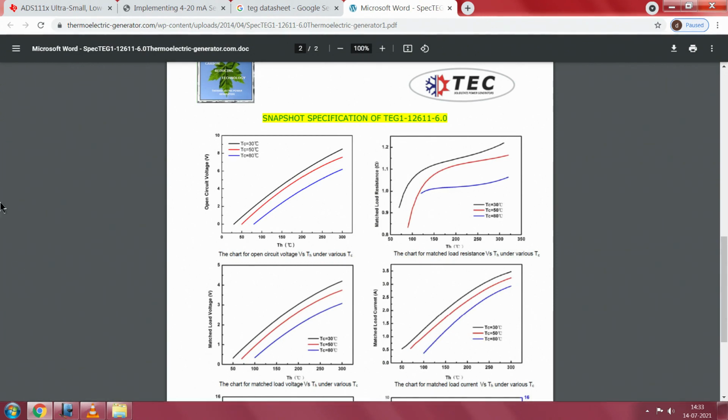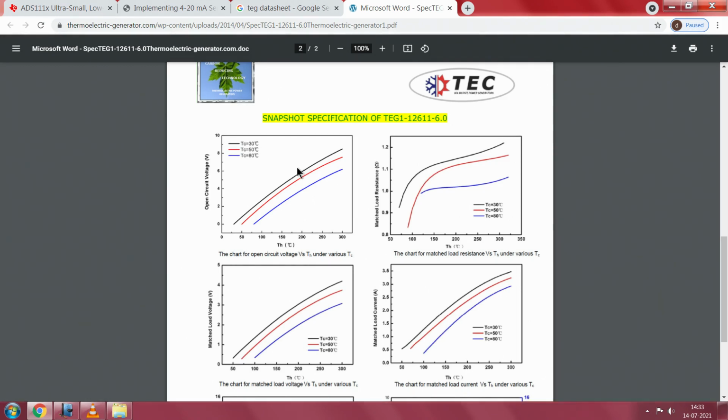Let us look at this picture. You can see that we measured a cold side of around 33 degrees or so. I will take this as a temperature of 30 degrees, that is this black line. And now the hot side we got around 49 or 45, it was fluctuating between 45 and 49.